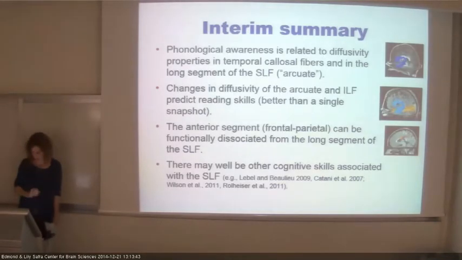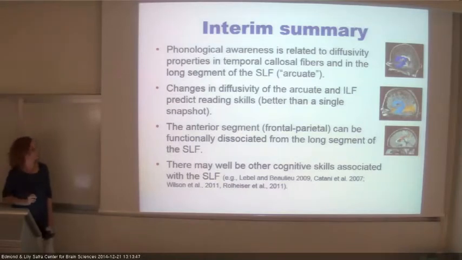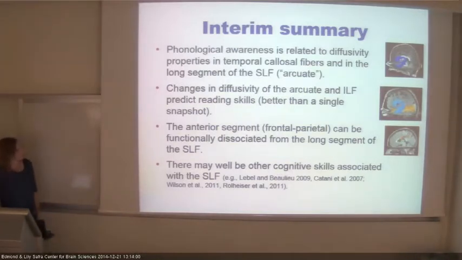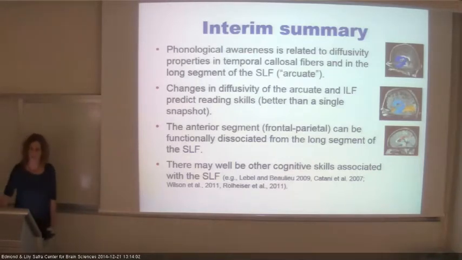So I want to just summarize up till now. What we have shown is that you could relate phonological awareness, a behavioral measure of reading-related skills, not reading, but reading-related skills in kids, with diffusivity properties in some segments of the corpus callosum.